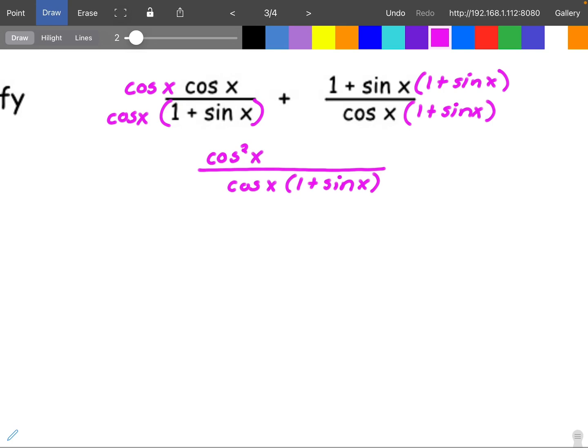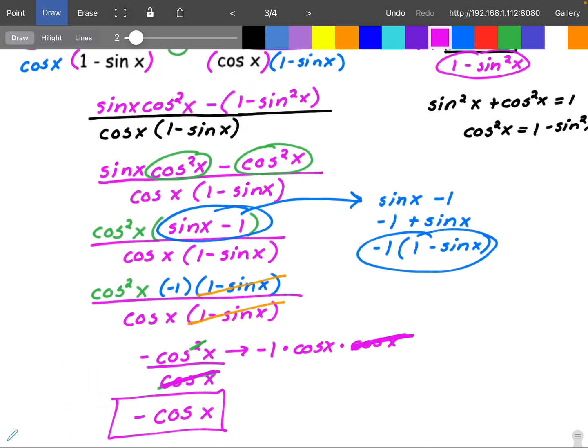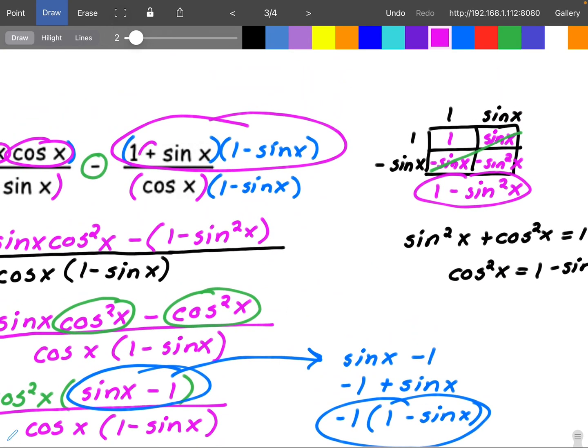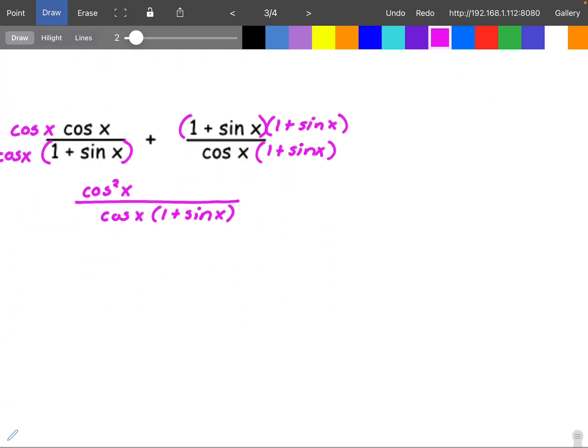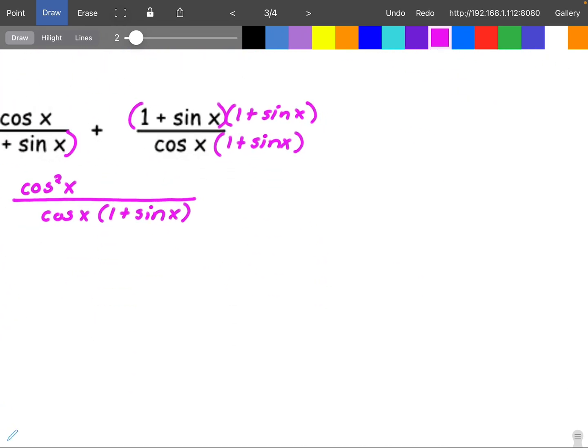Now in the second numerator, I am going to have to multiply that all out. But this time, the middle term is not going to cancel because those two have the same sign. Remember back here in the last one, they had opposite signs, which is why that middle term canceled out. Not going to happen for this one.